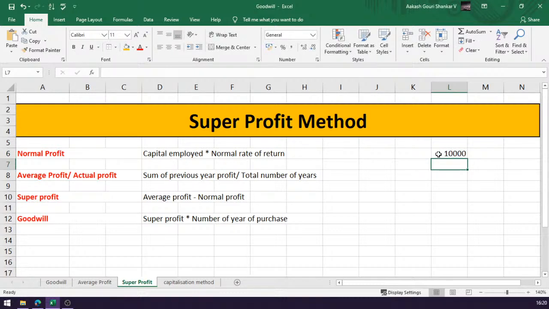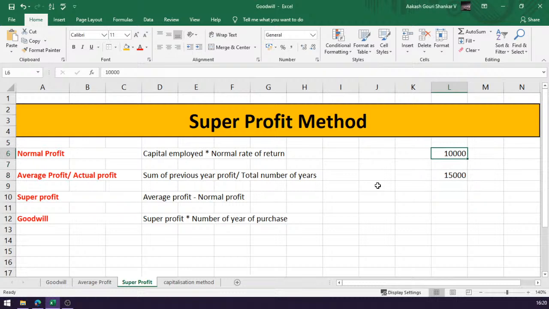But due to the efficiency and expertise of the managing people, the average profit earned is rupees 15,000. For example, the anticipated profit is rupees 10,000 and the actual profit is 15,000.